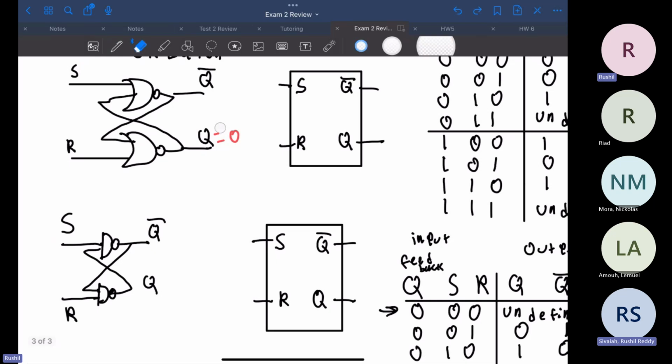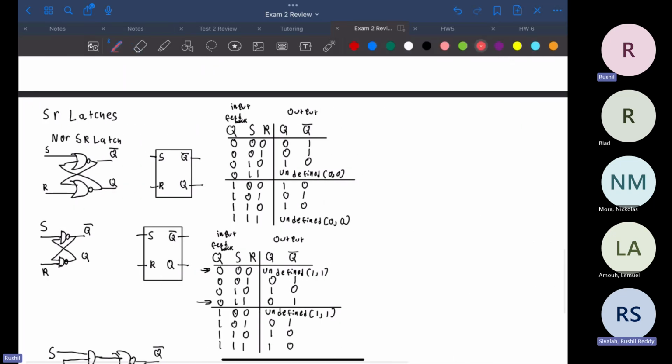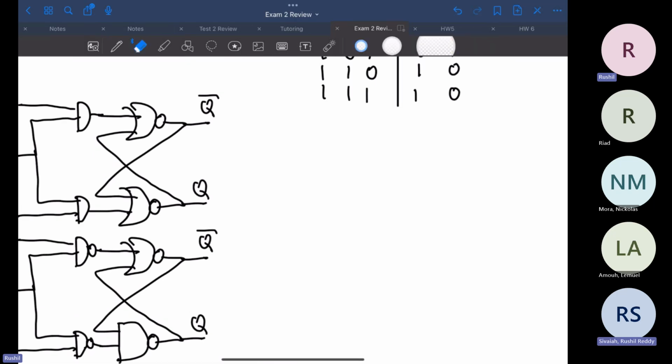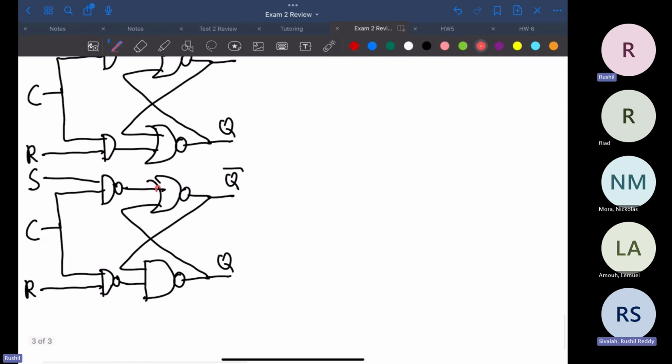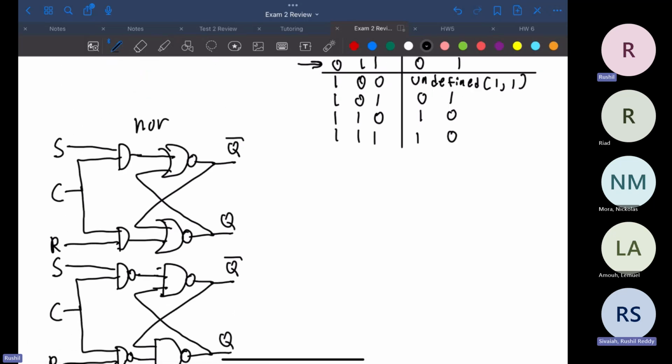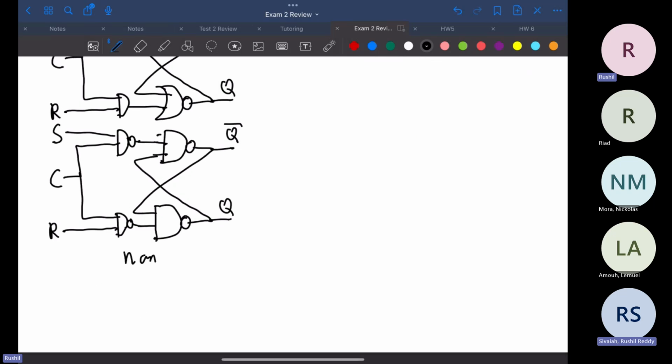Okay, now we're gonna come back to here. This is for your gated SR latch. We have our two variants. This one is going to be your NOR, and this one's going to be your NAND.